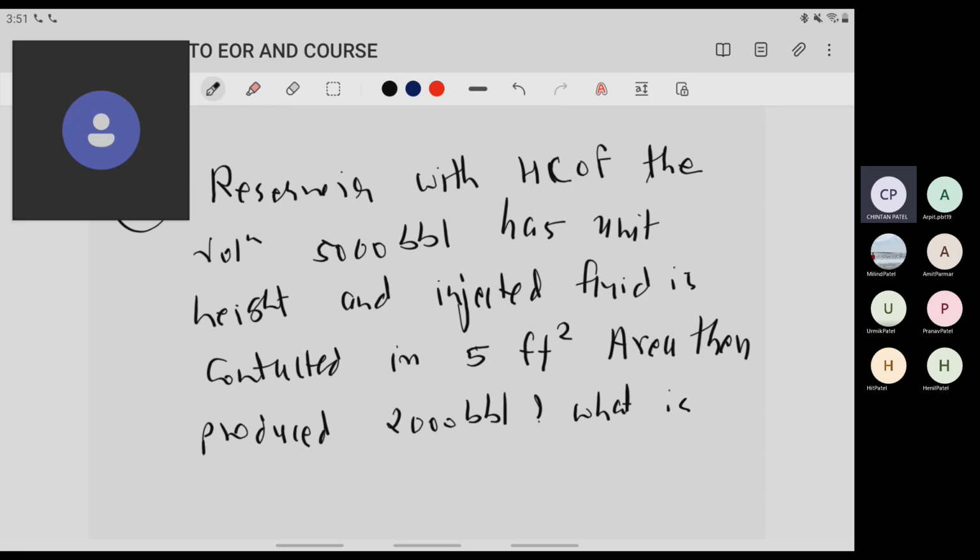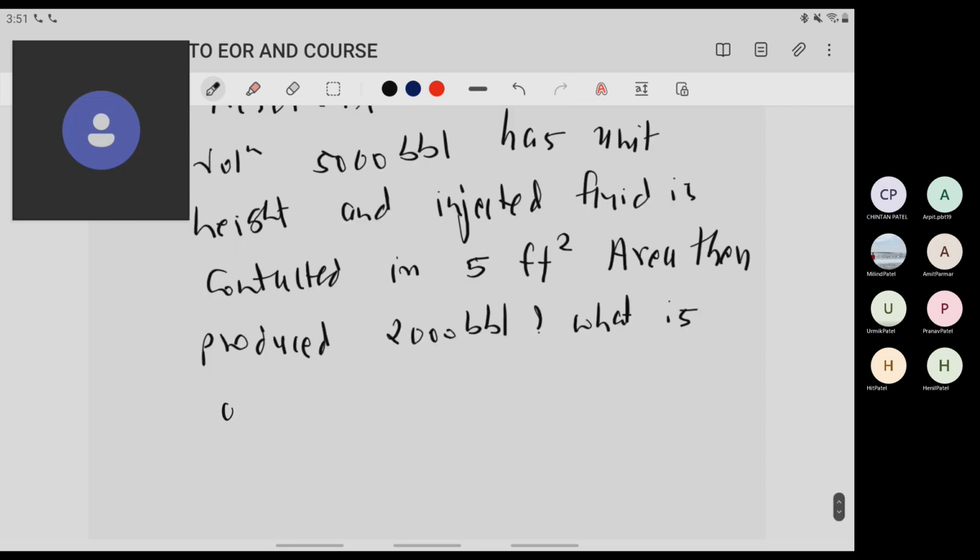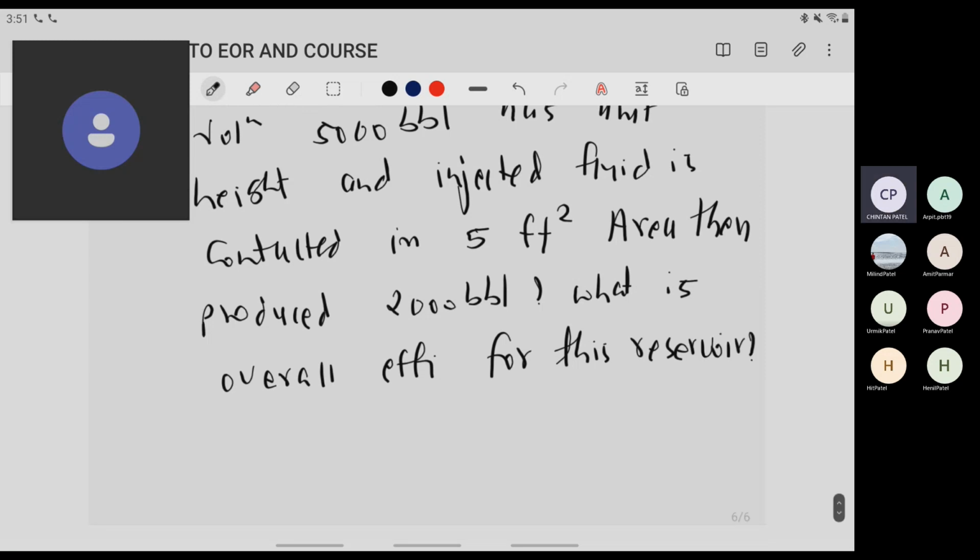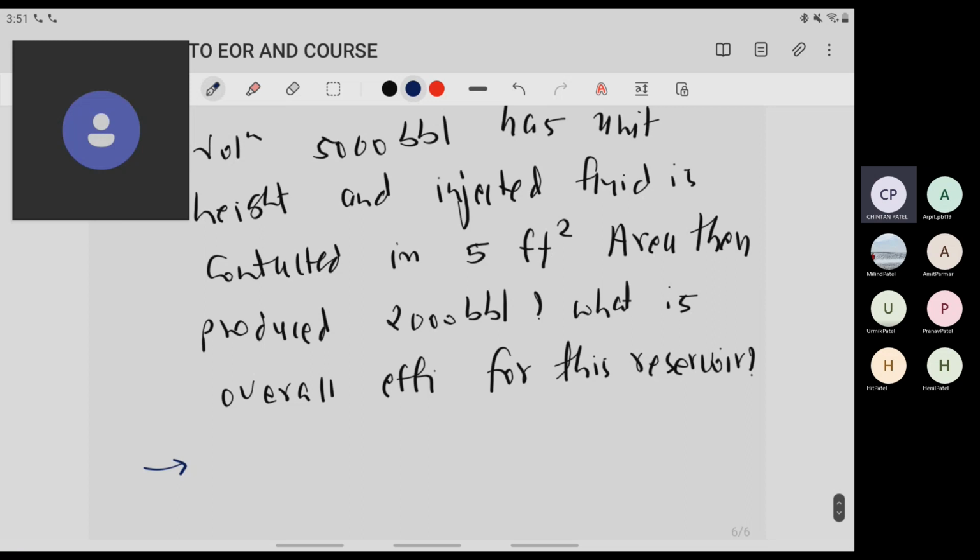What is the overall efficiency for this reservoir? Just try this question and tell me the answer.